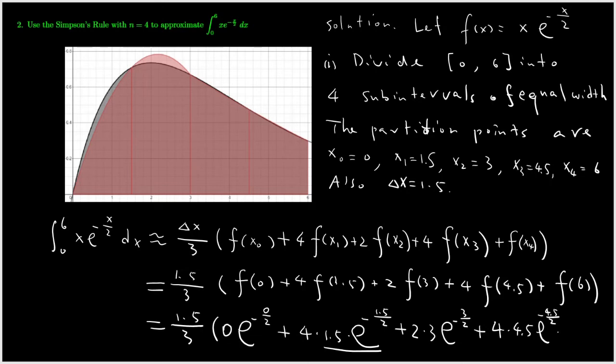One more term. The last term is the value of the function at 6, so you have 6 times e to the power of negative 6 over 2. That's everything. Now enter everything like that into your calculator. I will show you the answer.